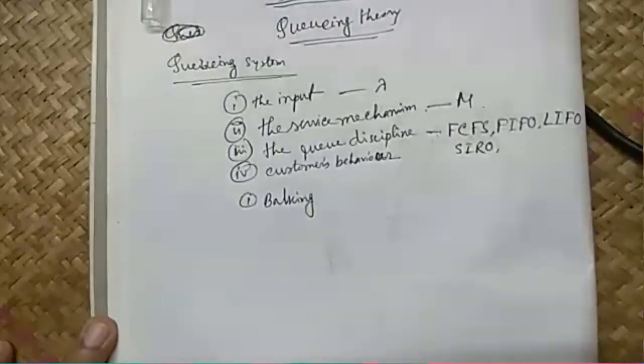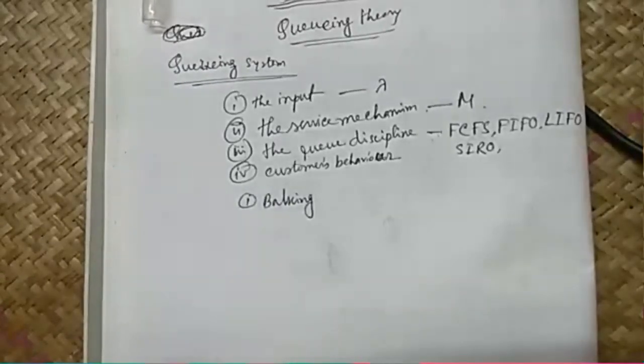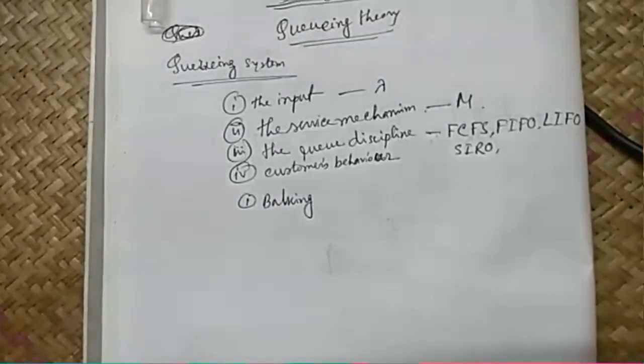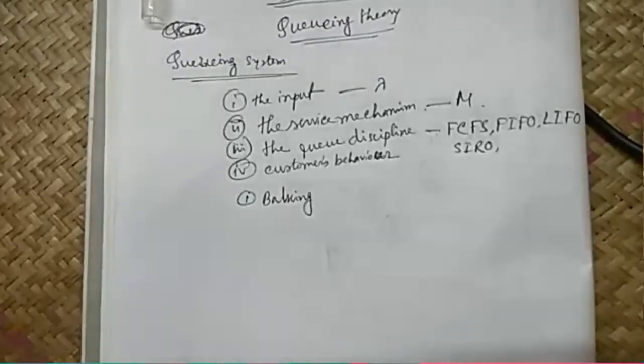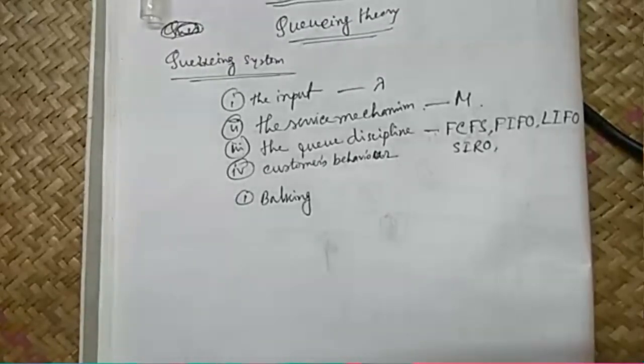The customer who leaves because the queue is too long and has no time to wait, or does not have sufficient waiting space, then the customer leaves. Suppose we go to a library, if we find the queue is very long, then we do not join the line. We think, okay, we will take the books the next day, what is the problem. So we do not join the line, we go away. That is called balking.